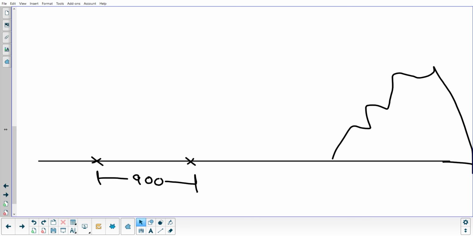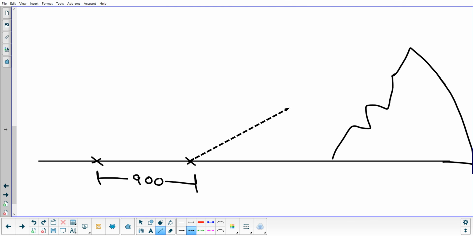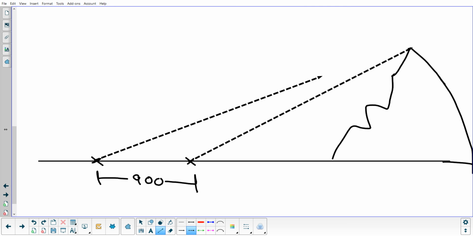And now imagine pointing a laser each time from where the surveyor is standing exactly to the top of the mountain. Let me make that look a little bit better. That's just going to make it easier to look at. So let's put in a laser pointing right to the top of the mountain and do it again.